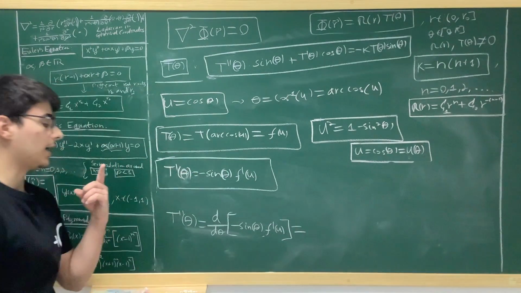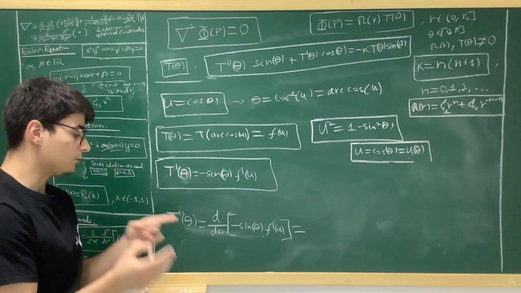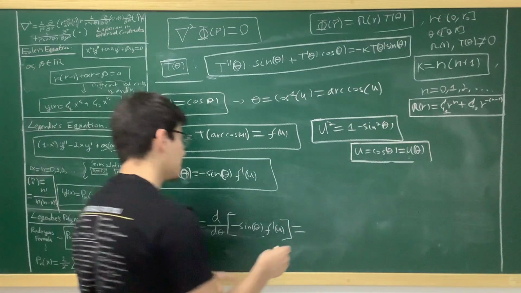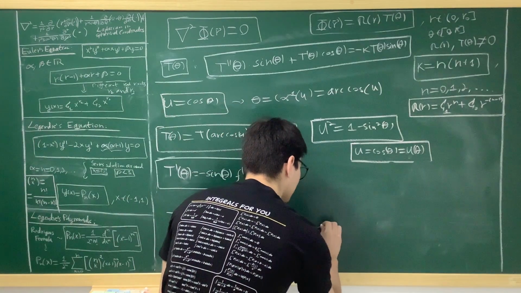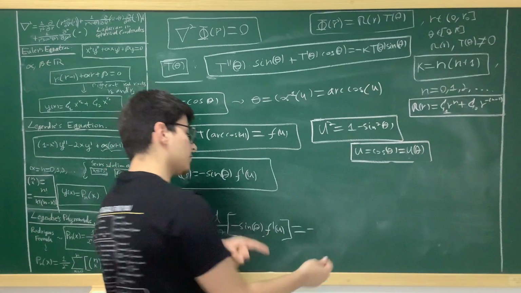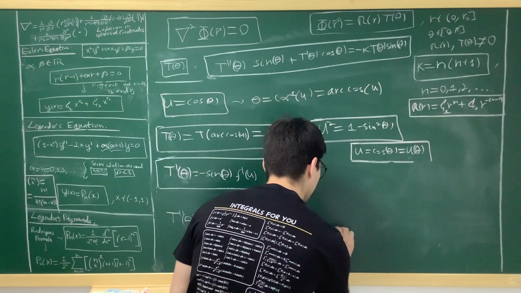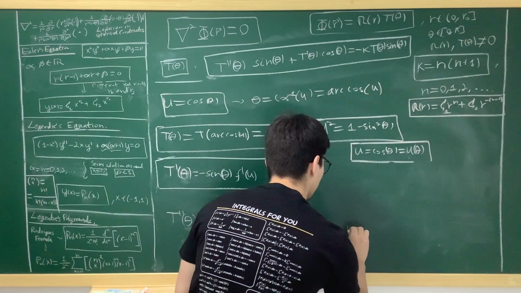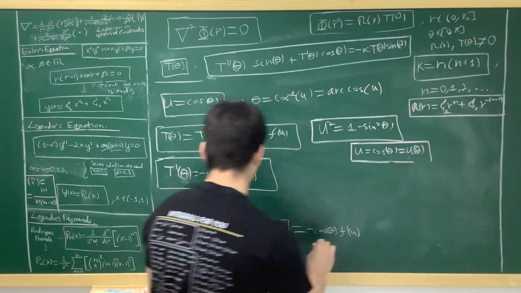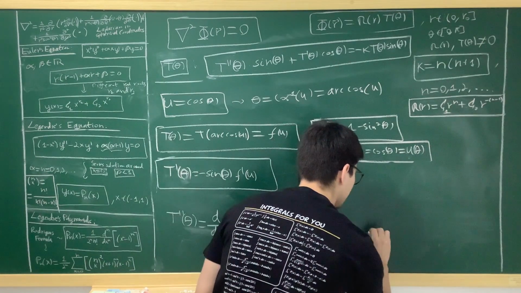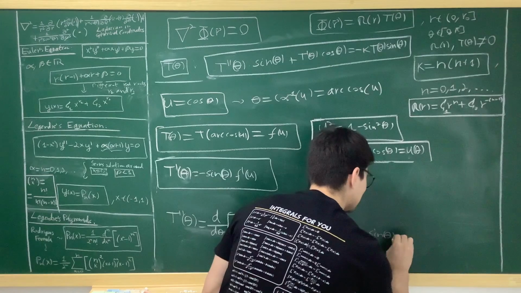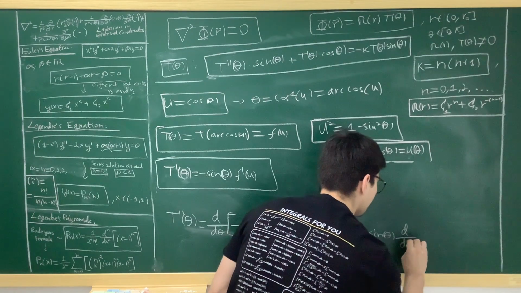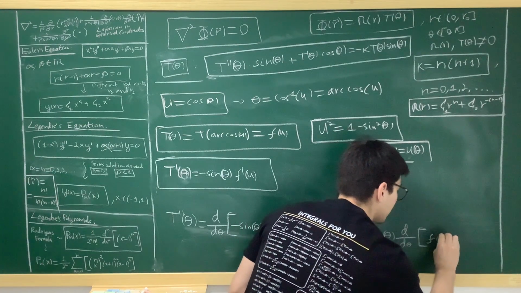Applying the multiplication rule for derivatives, this is minus the cosine of theta, f prime of u, and again minus the sine of theta times the derivative with respect to theta of f prime of u.